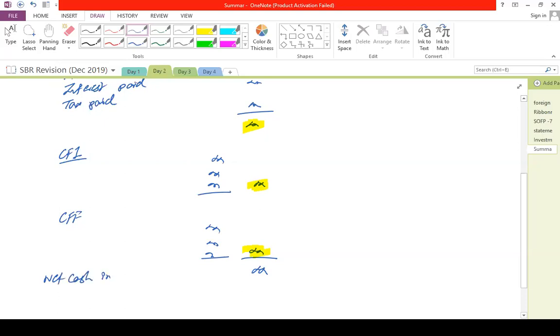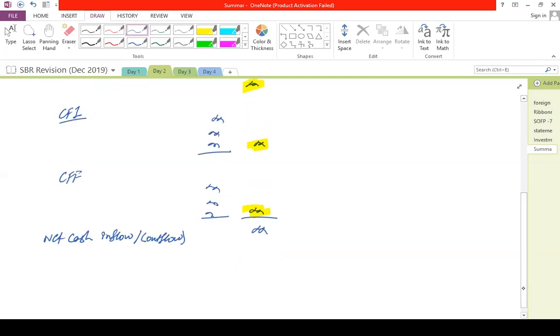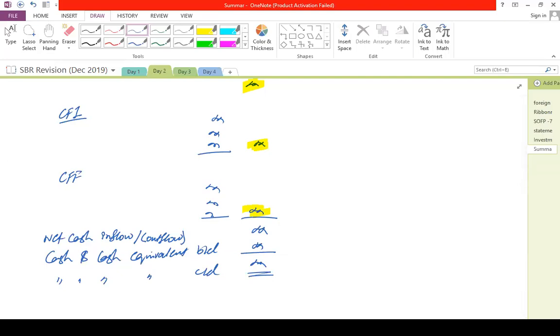So we call this a net cash inflow or net cash outflow. And then we have to add the cash and cash equivalent brought down into that to get the cash and cash equivalent carried down. So this is how we actually prepare the cash flow statements.